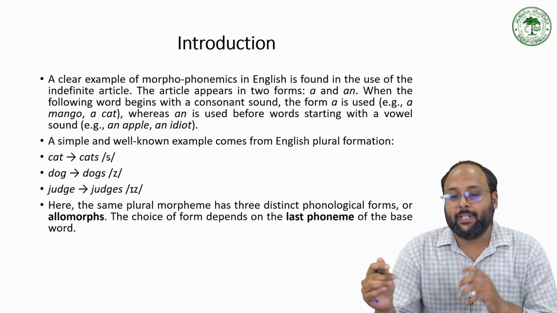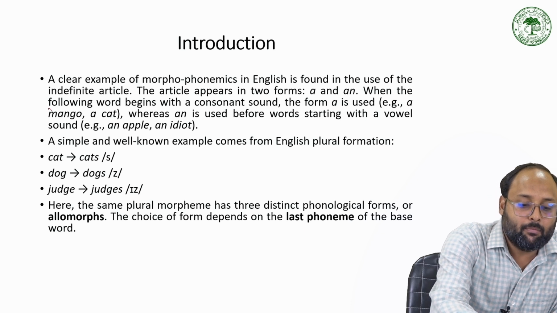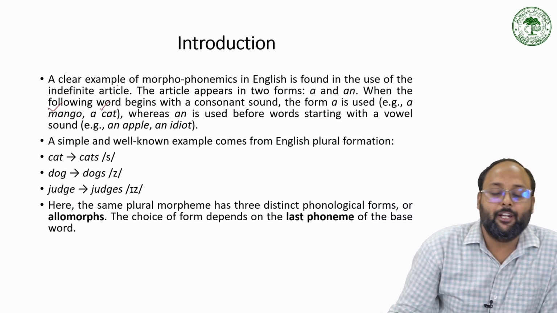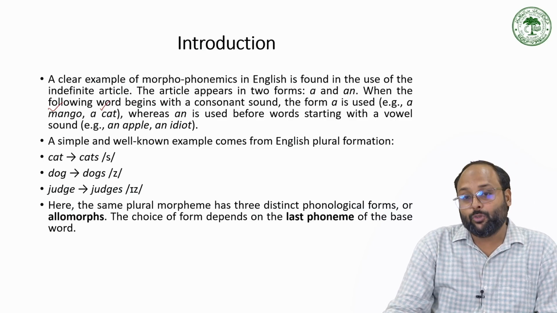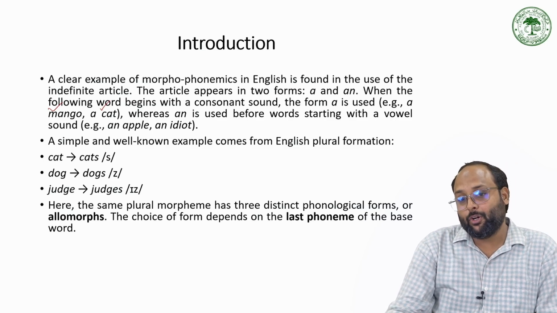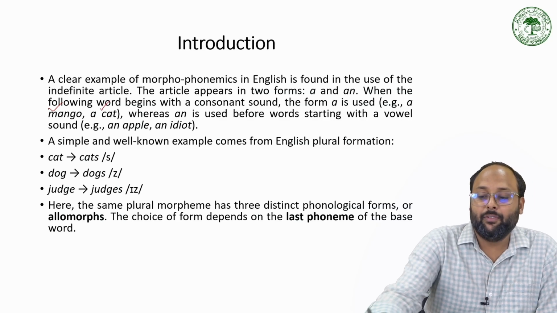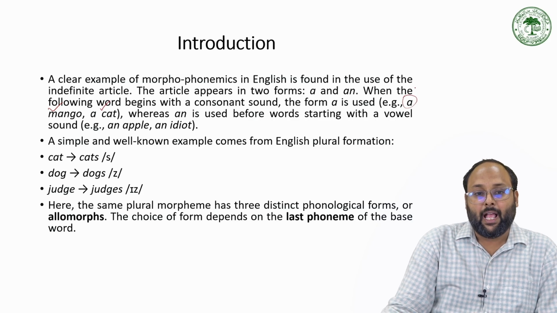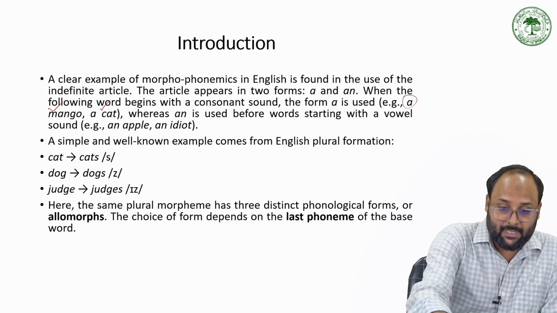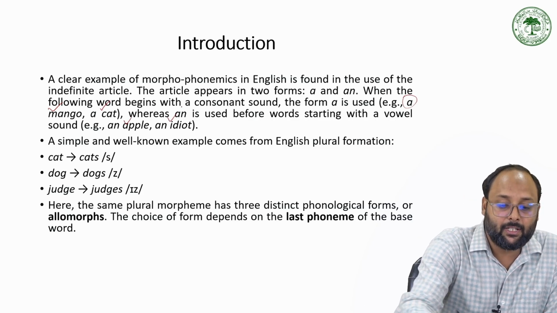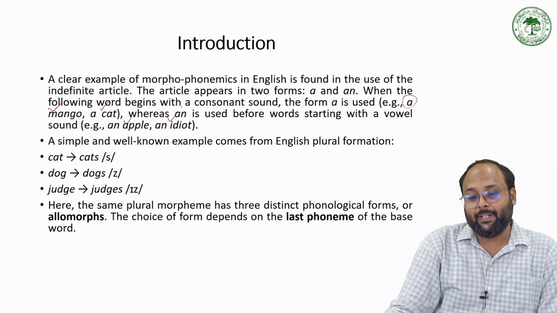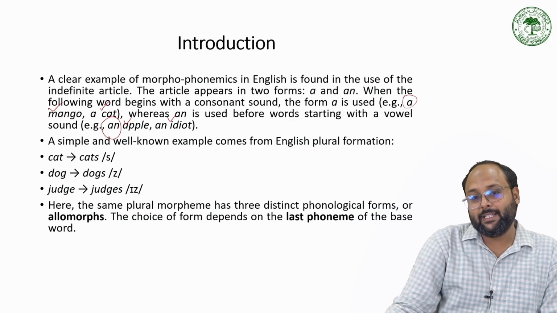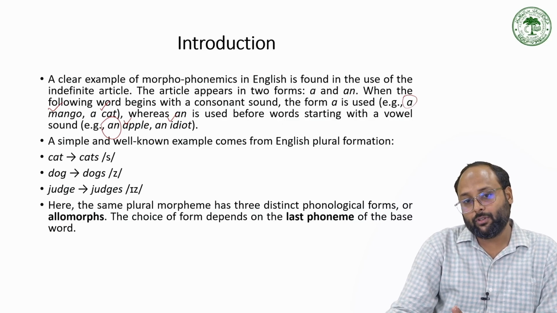If the following word starts with a consonant, like mango and cat, we have the article a. And when the word starts with a vowel, like apple and idiot, in this environment we use the article an. That change occurs due to the following sound.